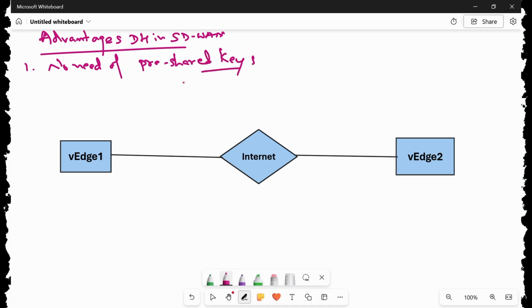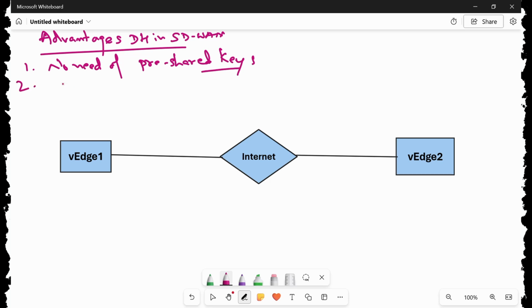The key exchange happens dynamically without requiring any kind of manual configuration of keys. So we don't need to manually configure the public and private key here. It will happen dynamically.